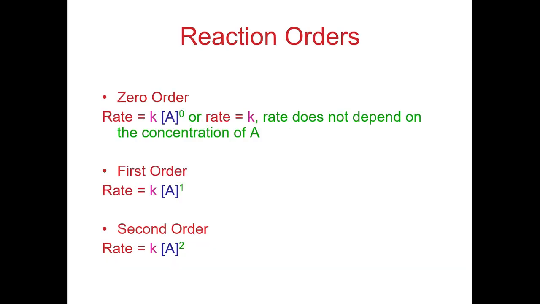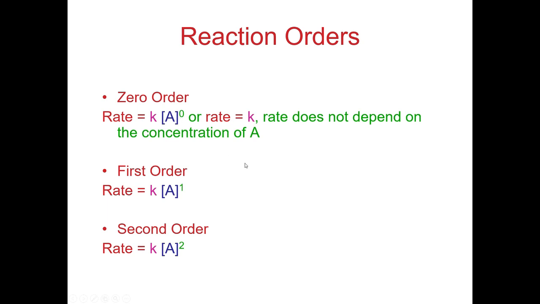There are three types of reaction orders that we're going to worry about for this class: zero order, first order, and second order. And the reaction orders are the exponents to which your concentrations would be raised. So if a reactant is zero order, we would say that A, reactant A, is raised to a zero.